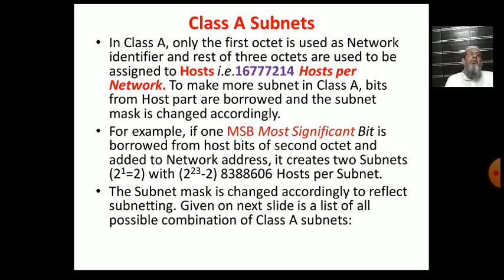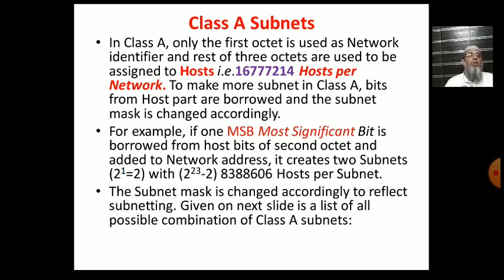The first octet is for the network, and the second, third, and fourth octets are used for the host bits. So from the second octet, we'll borrow one bit, and that will be given to the network address. So it creates two subnets because 2 raised to 1 is equal to 2.